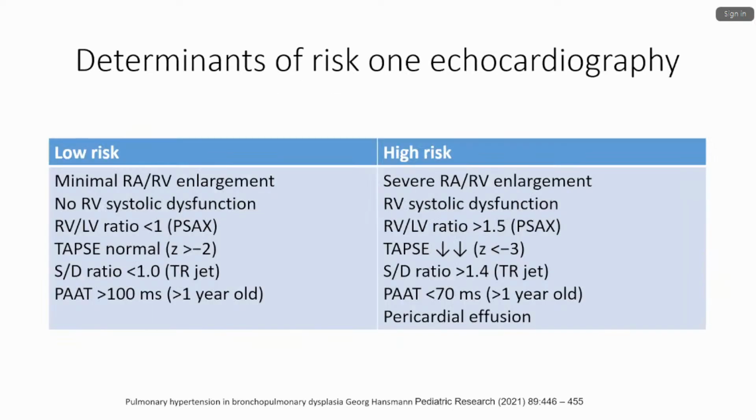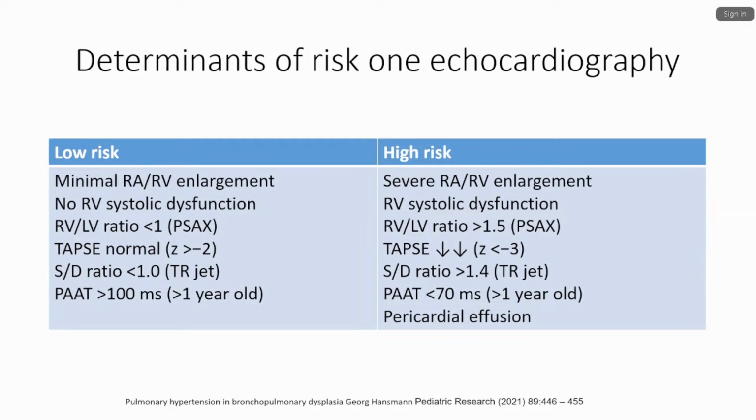Then what are the determinants of risk factors in echocardiography? Low risk and high risk factors. Low risk factors were minimal right atrium to right ventricle enlargement, no right ventricular systolic dysfunction, RV by LV ratio less than 1, TAPSE normal, S by D ratio less than 1, and PAAT, that is pulmonary artery acceleration time, more than 100 milliseconds.